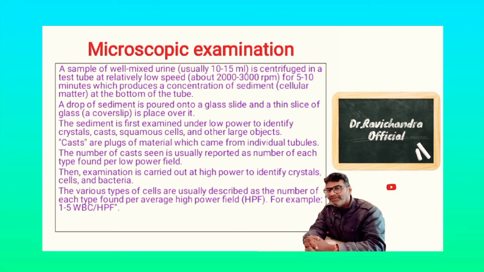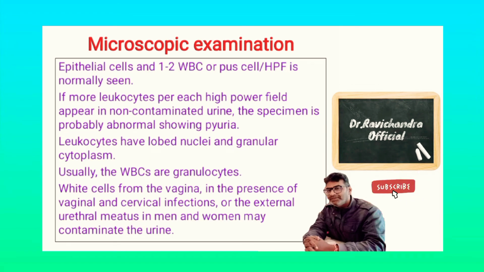For example, 1 to 5 WBC per high power field. Microscopic examination also includes epithelial cells, and 1 to 2 WBC or pus cells per high power field is normal. If more leukocytes per high power field appear in non-contaminated urine, the specimen is abnormal, showing pyuria.